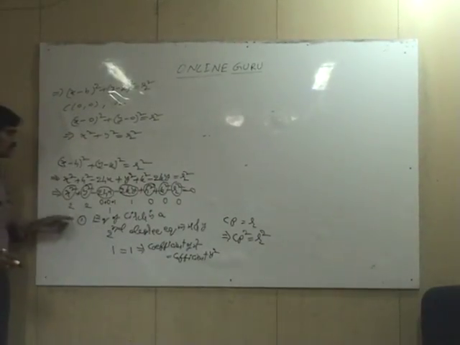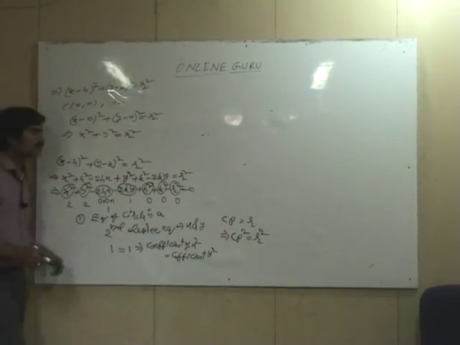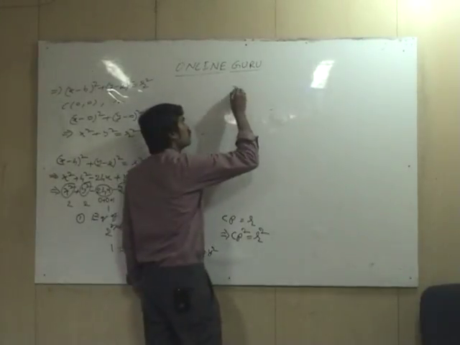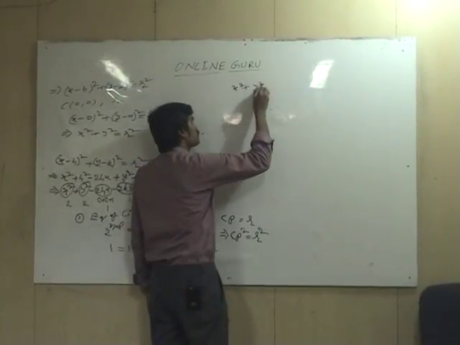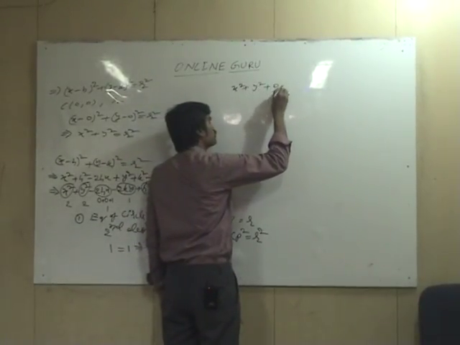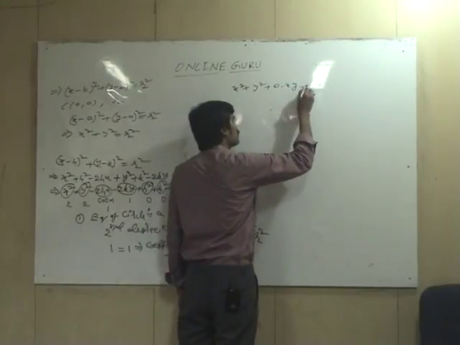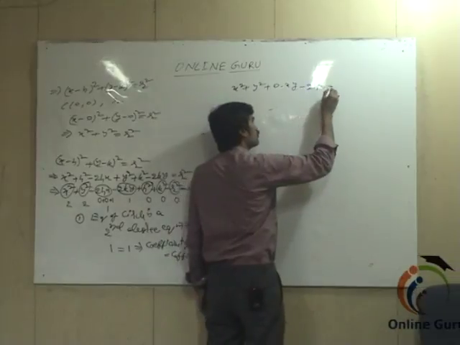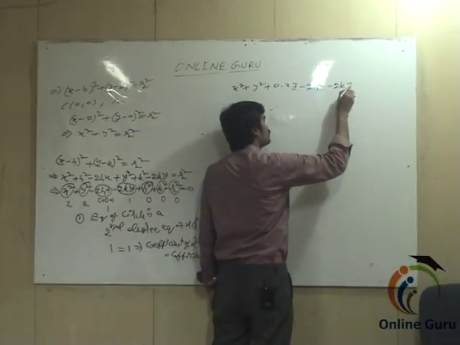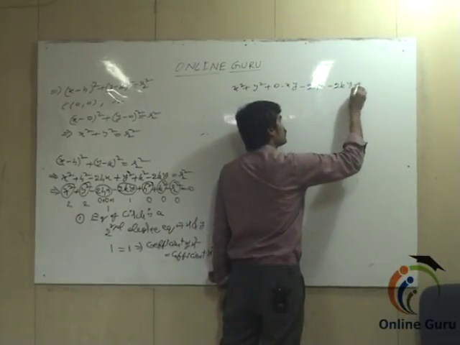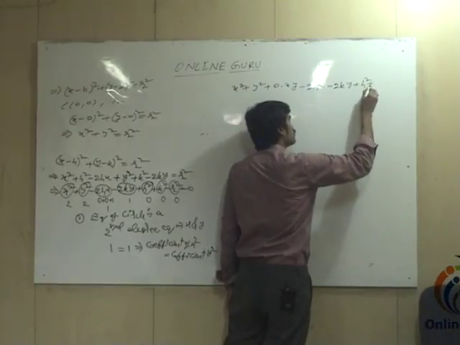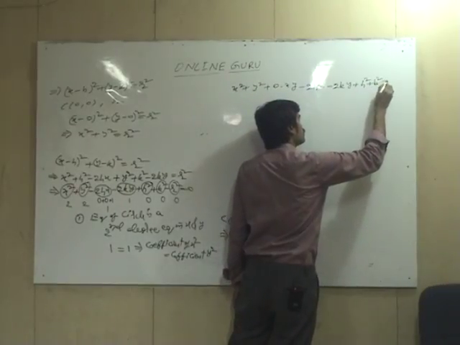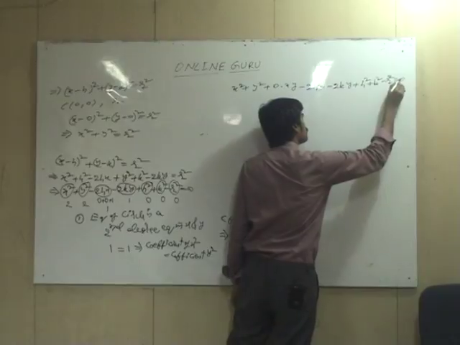Once again, see this equation. You can write this equation as x square plus y square plus 0 into xy minus 2hx minus 2ky plus h square plus k square minus r square equal to 0.